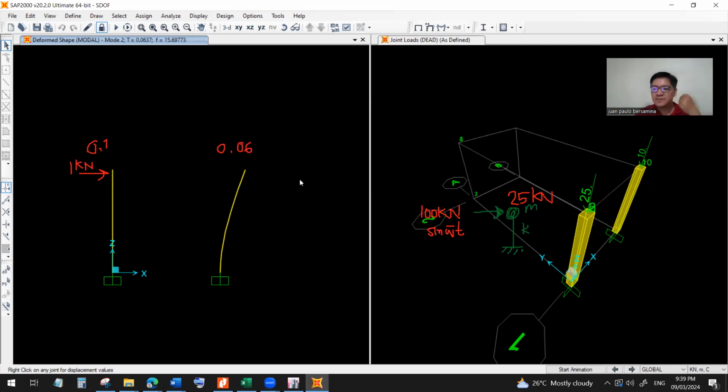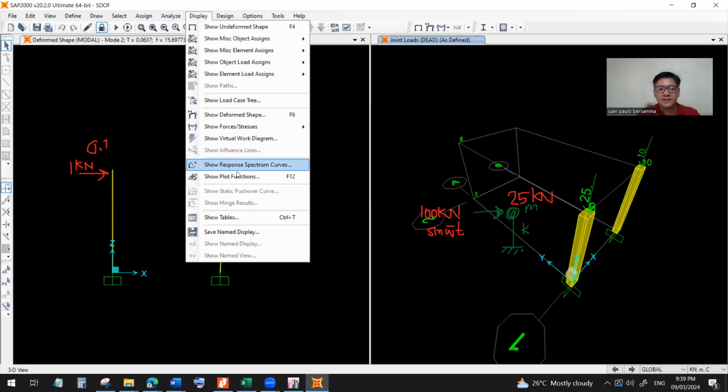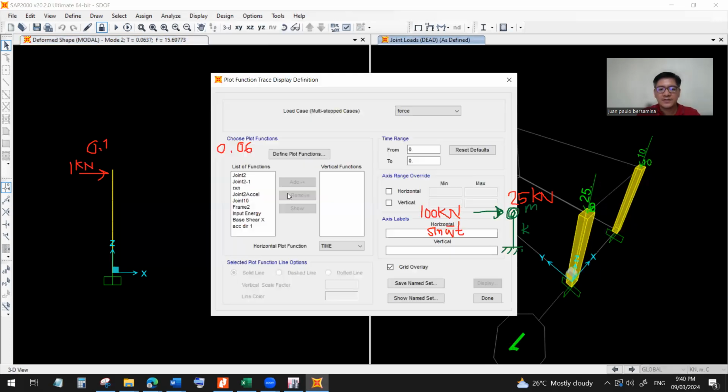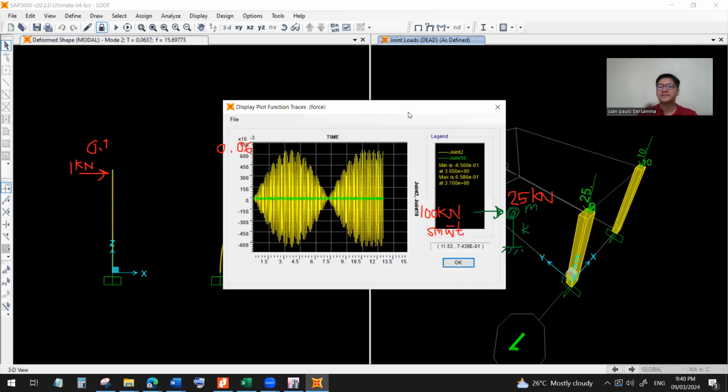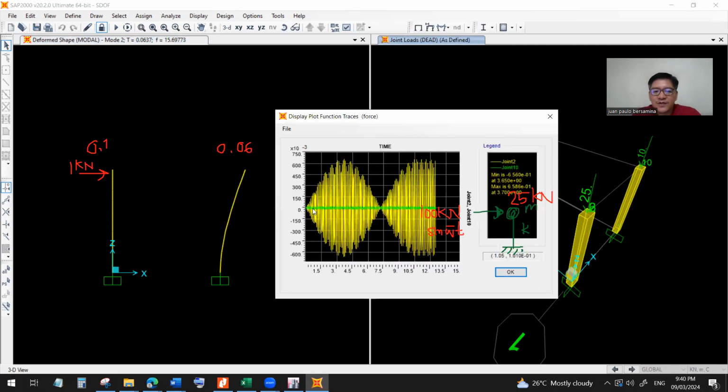And then, to display the deformation: display, show plot functions, joint 2 and joint 10, with respect to time, then display. You see?